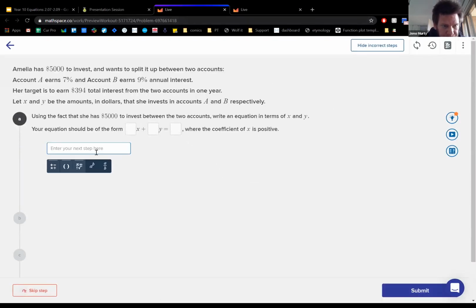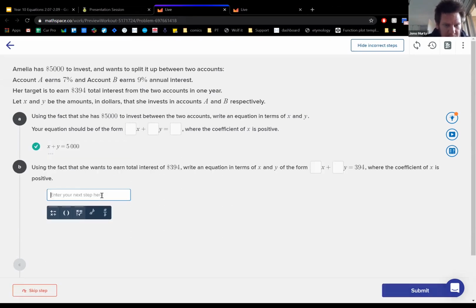Okay, so we have just our first one, nice and simple, x plus y equals 5,000. That's the amount they want to invest. Total interest they want to earn is $394. So that will equal, we have a rate of 7% for x, and we have a rate of 0.09 or 9% for y.